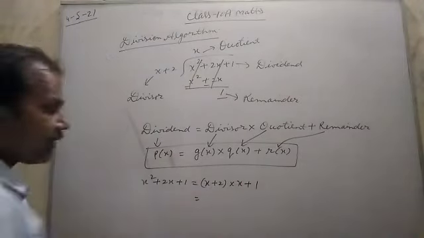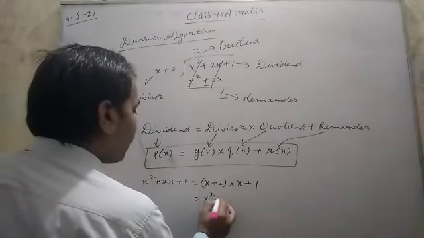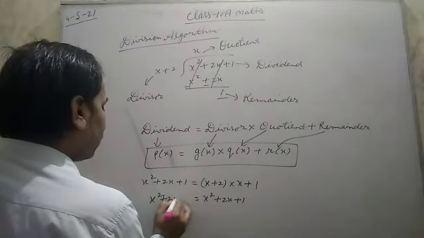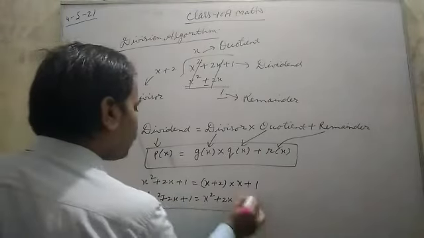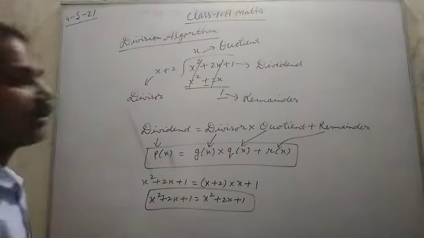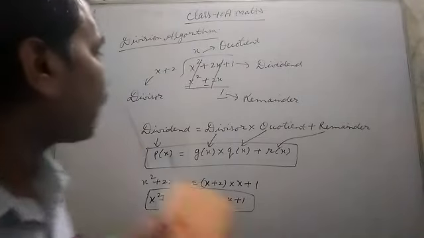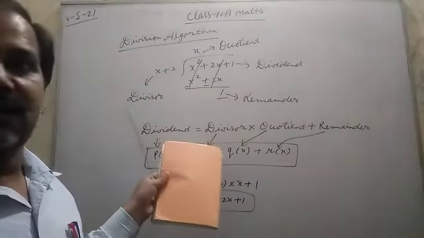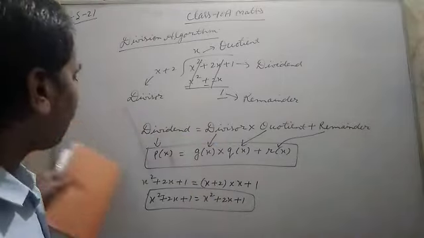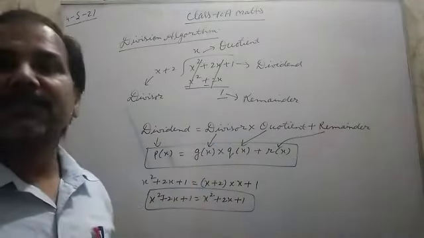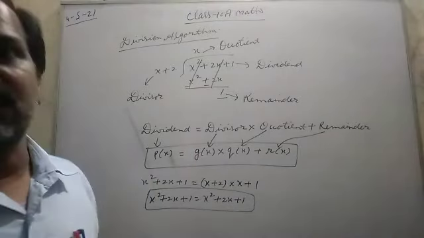Simplify the right hand side: x square plus 2x plus 1. Both sides are equal, so the division algorithm is verified. Sometimes a 1 mark question also asks for the relation, or asks for the division algorithm. So you have to write this and give one example.